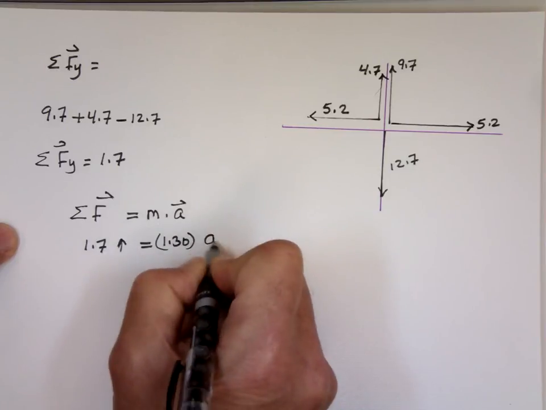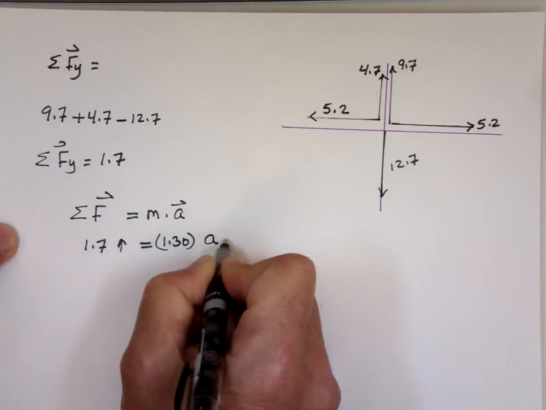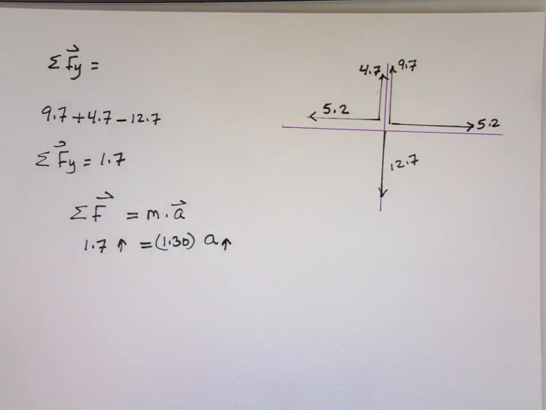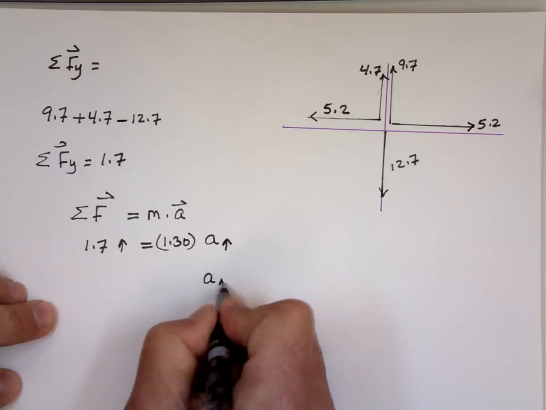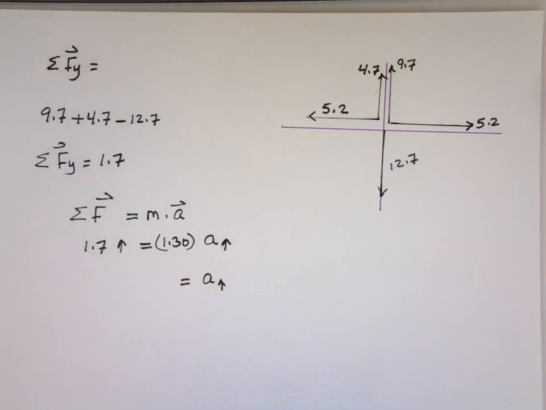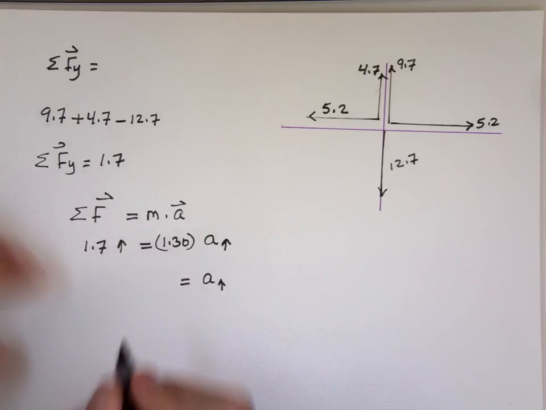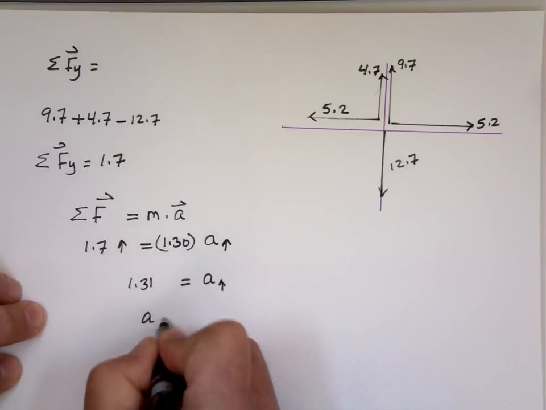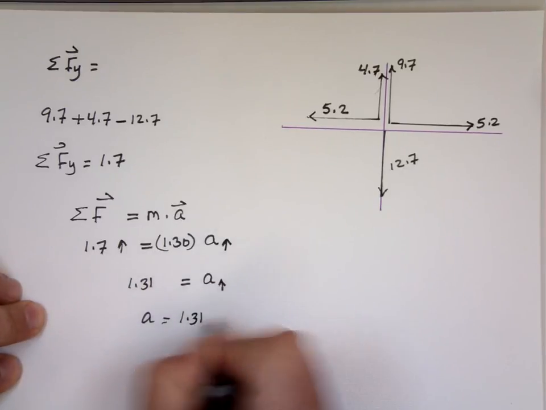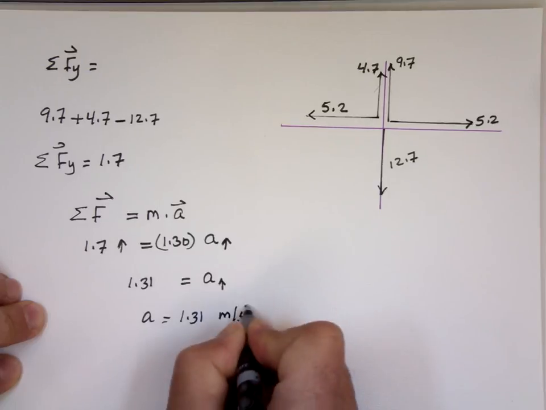And the acceleration will have to be the same direction as the net force, which means pointing which way? Upward. So my acceleration will be pointing upward, and the value of that is 1.7 divided by 1.3, which is 1.31. So the acceleration is 1.31 meters per second squared. Direction? Upward.